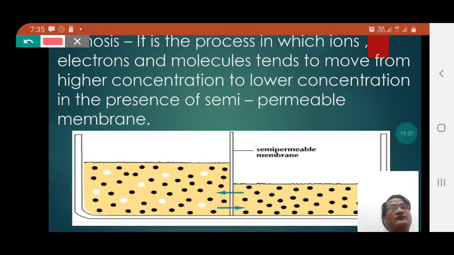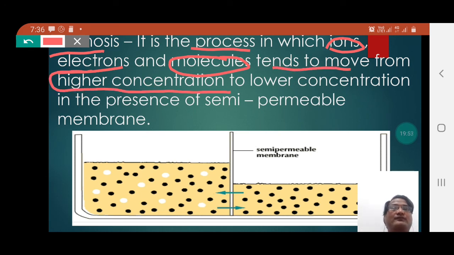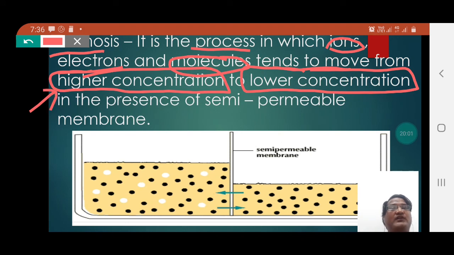So students, osmosis is actually the process in which molecules, electrons or ions tend to move from the higher concentration to the lower concentration. Now students, in between the higher concentration and the lower concentration, there is a semi-permeable membrane.